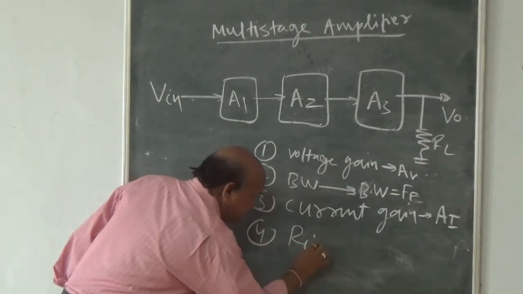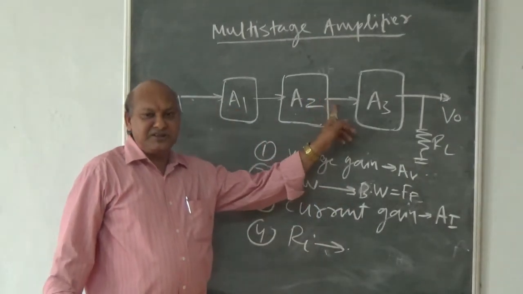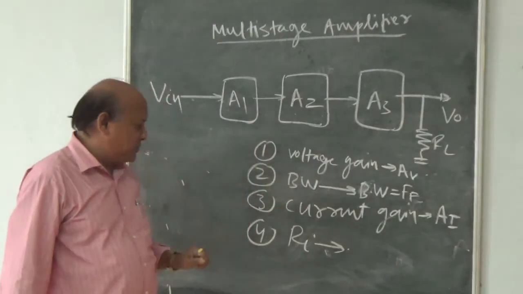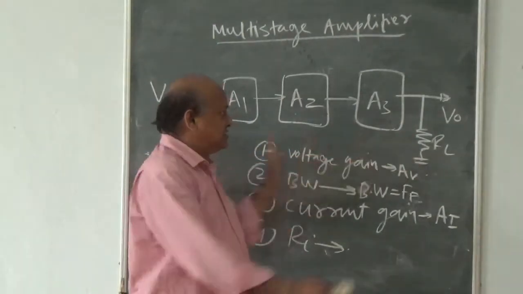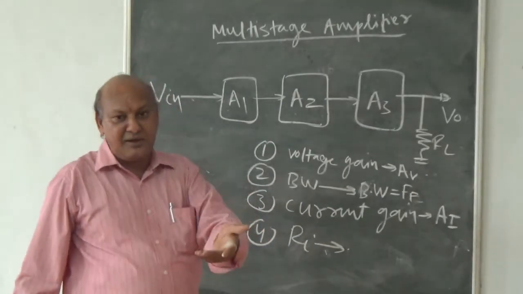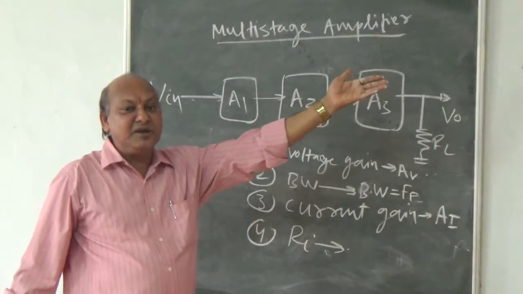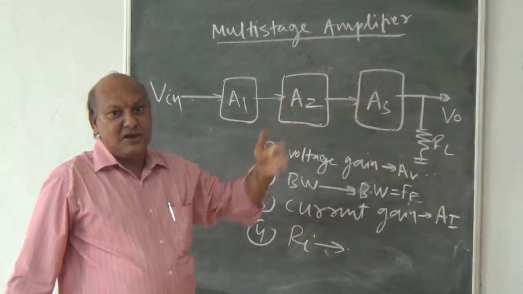This is also a very important factor while considering this multi-stage amplifier. Why? I will tell you. Suppose this is a public address system which we are using. Whatever I am talking will be amplified at the loudspeaker side, and you will get a very loud voice. Why?